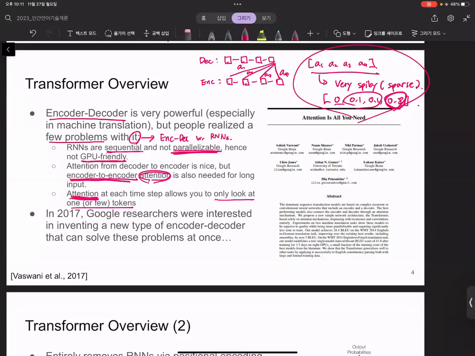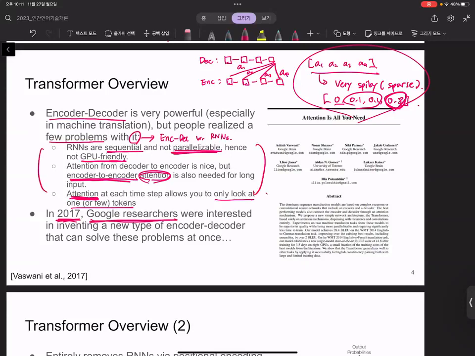So in 2017, Google researchers were interested in inventing a new type of encoder-decoder that can solve these problems at once.